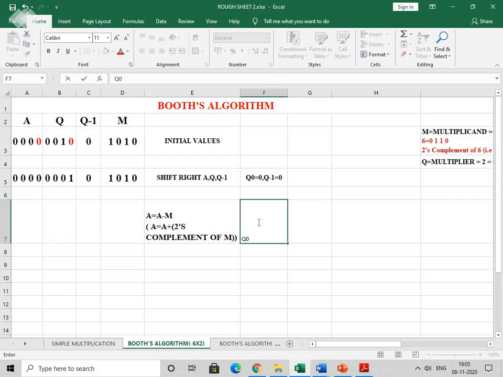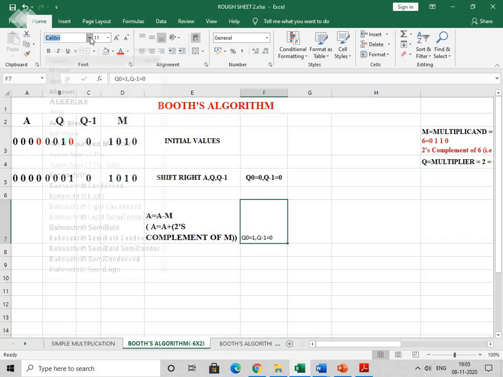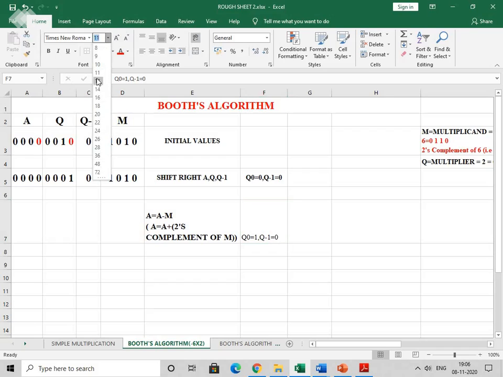Because the Q0 bit is equal to 1 and Q minus 1 bit is equal to 0. So that's why we decided to do the subtraction with 2's complement, that is addition with the 2's complement.